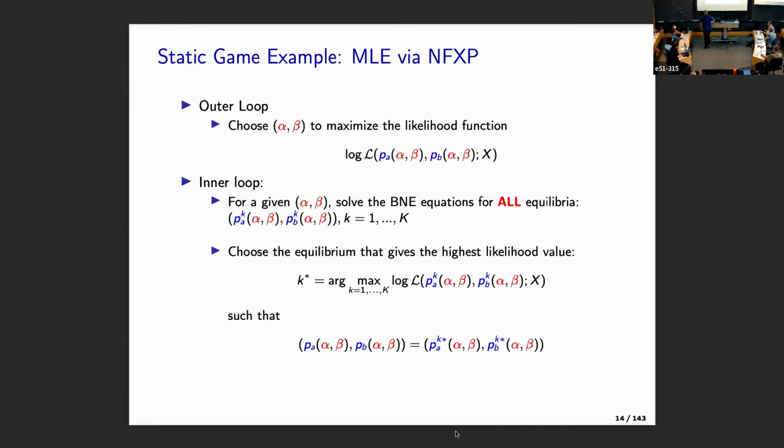That is the equilibrium selection rule that maximizes the likelihood. And then our PA and PB are the investment probabilities associated with that selected equilibrium, and then we maximize that function.